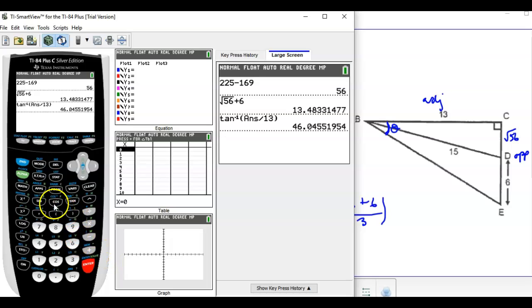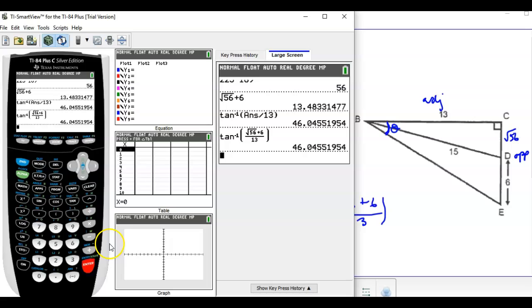You could also do it all in once, so second tan, and then if you have the ability to do a fraction, you could do the fraction and do root of 56, cursor out, plus 6, cursor down, 13, cursor to the right, close the brackets, enter. Okay, so a few different ways. 46.046.